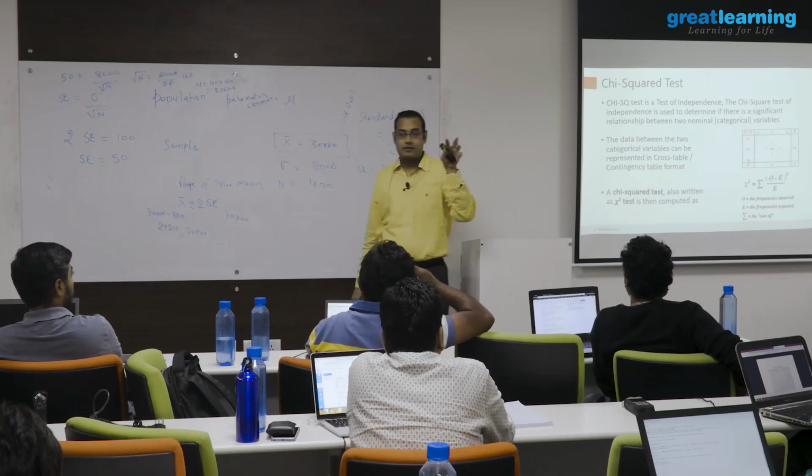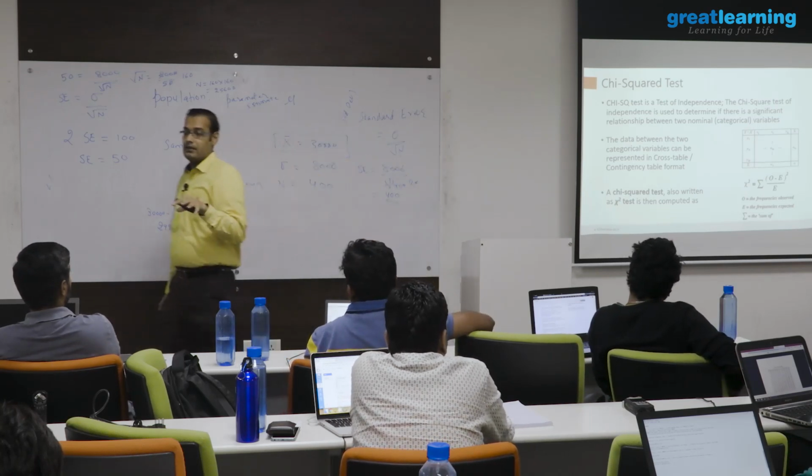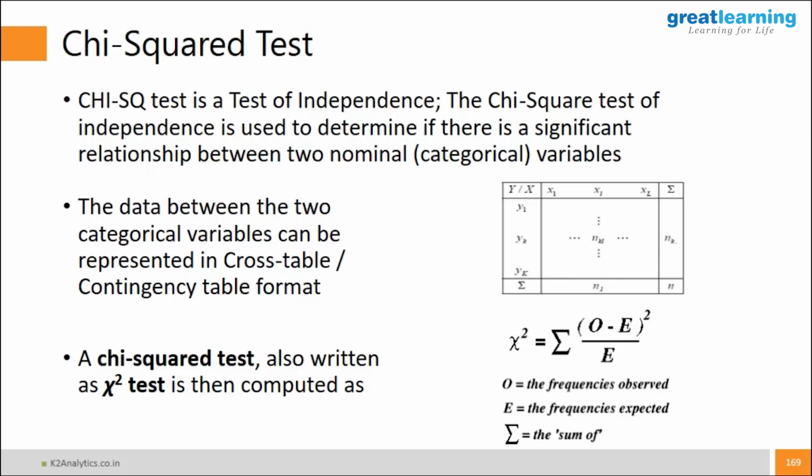Chi-square test can only be applied when the variables are categorical. If you have a continuous variable x and continuous variable y, you cannot apply chi-square test.